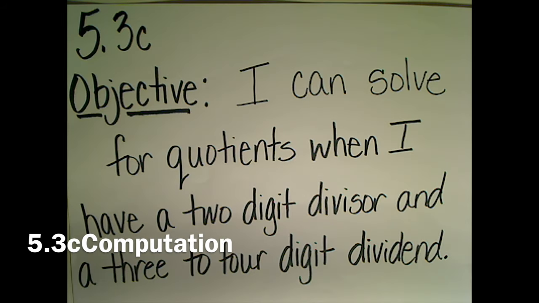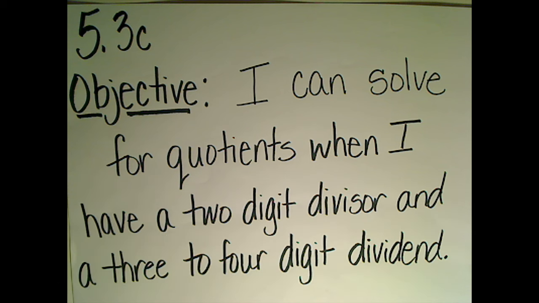Hey guys, welcome back. We are covering TEKS 5.3c, and that has to do with dividing, but not only dividing. The digits in your divisor are going to be a 2-digit number, and the digits in your dividend will be either a 3-digit number or a 4-digit number.